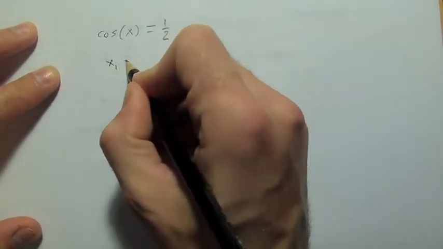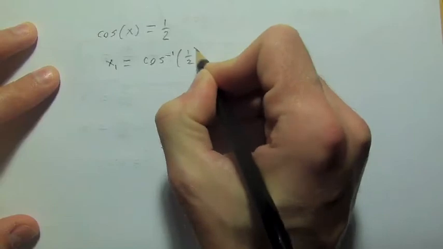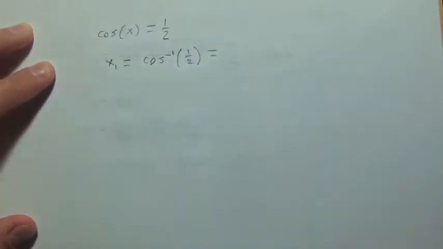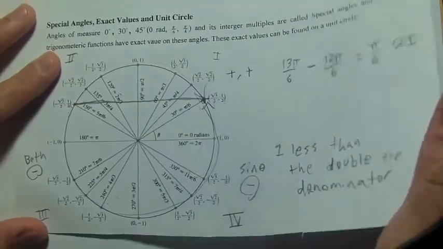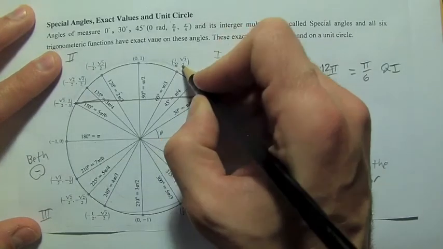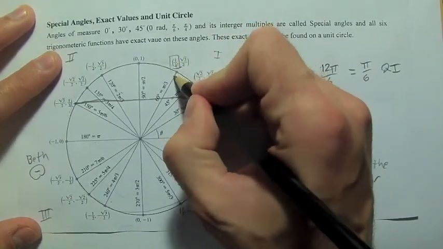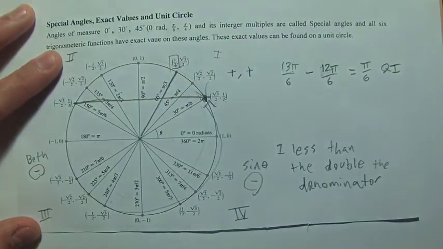If you think of the cosine inverse of 1/2, what you're actually going to get out is pi/3, right? Because if you look at the unit circle, cosine is the first coordinate. The angle that causes the first coordinate to be 1/2 is this one, which is pi/3.